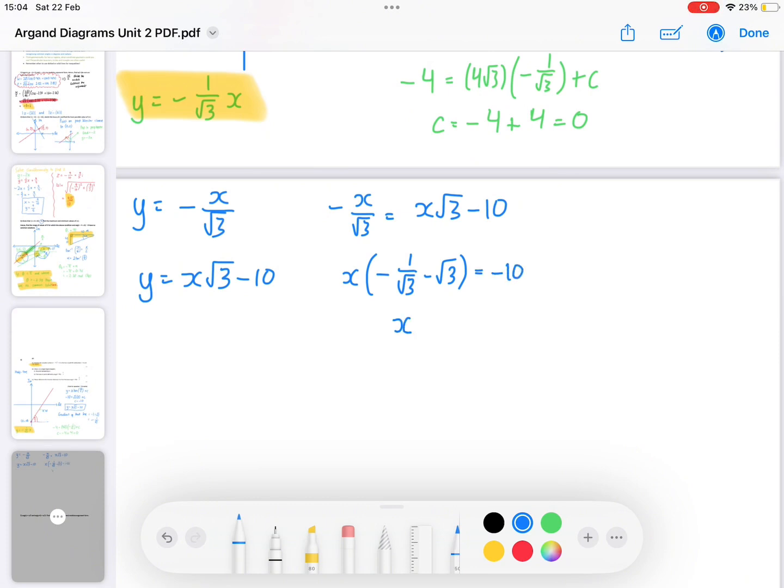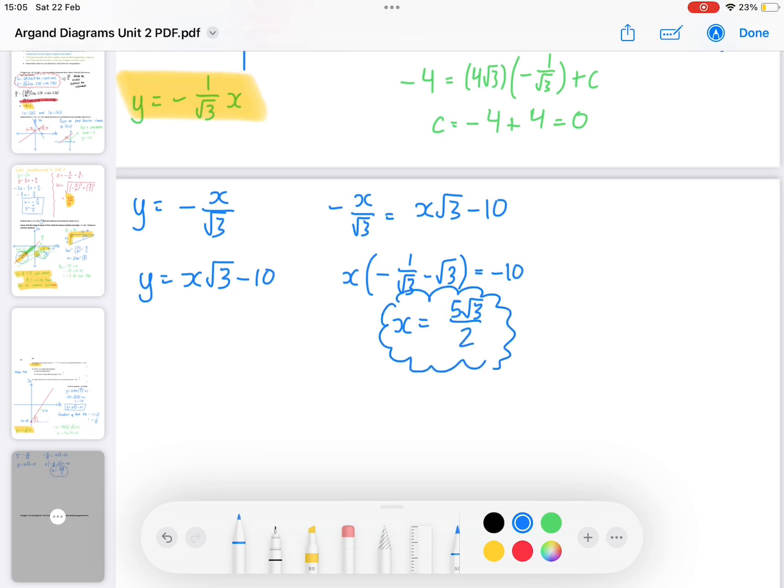So that will give x as being minus 10 divided by that value, which is 5 root 3 over 2.